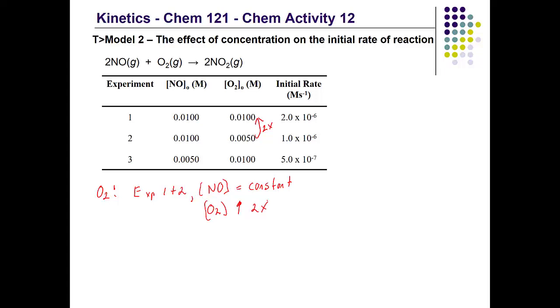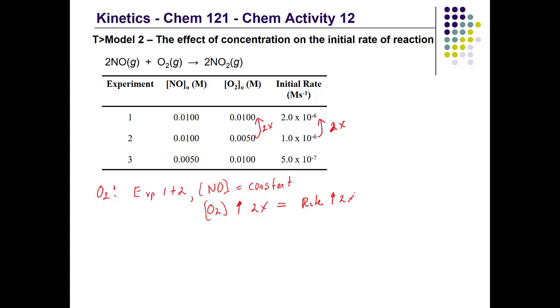I then look at what happens to the initial rate. If it's not obvious just by initial visual inspection, you can certainly plug these numbers into your calculator and see that indeed the rate, in this particular case, also doubles. So we say the concentration goes up by a factor of 2, and we also see that the rate goes up by a factor of 2.